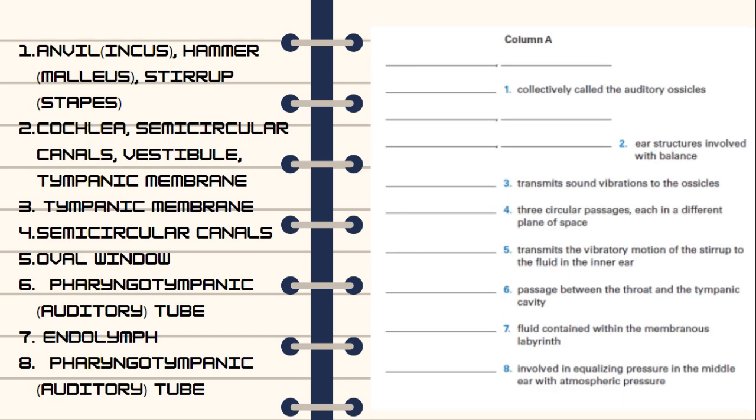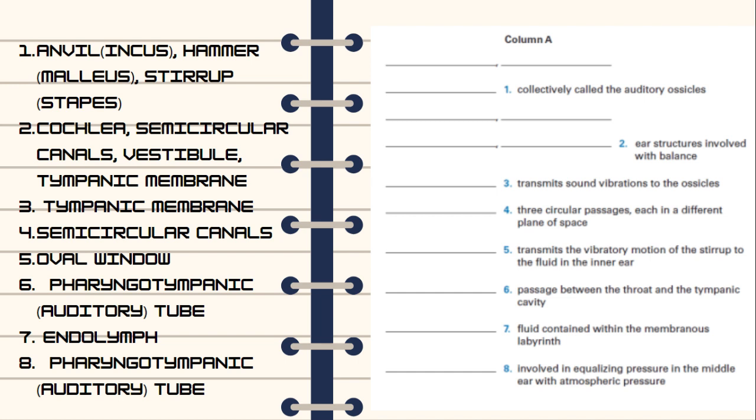Next is the ear and hearing and balance anatomy. Number 20. Select the terms from column B that apply to the column A descriptions. Number 1. Collectively called the auditory ossicles. Number 1 is anvil, incus, hammer, malleus, stirrup, stapes.